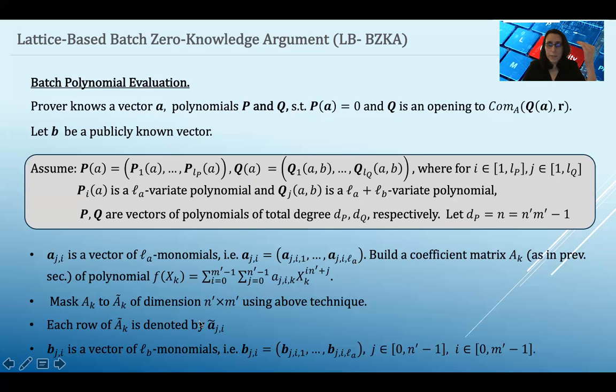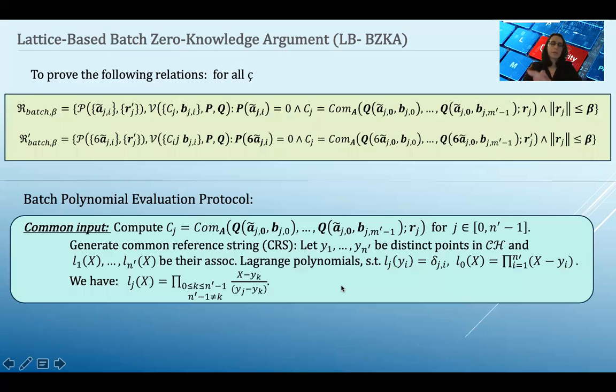Then each row of this matrix is denoted by AJI tilde. The matrix BJI is public and doesn't need to be masked. And that's all as the preparation for the protocol that needed to be mentioned.